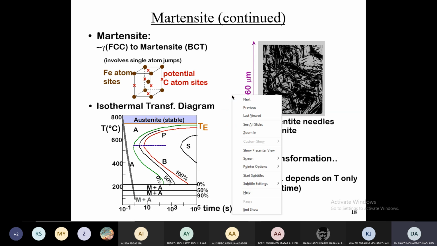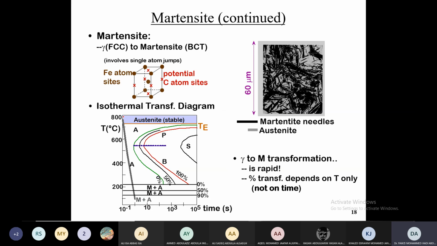Something to also mention here, that we can show the development of the different microstructures. If you have a heat treatment like this, for example, ending up in the pearlitic zone, then you have a pearlite. But you can also control that if you have a bigger jump in temperature and heat treat in this way, so you will have another pearlite.